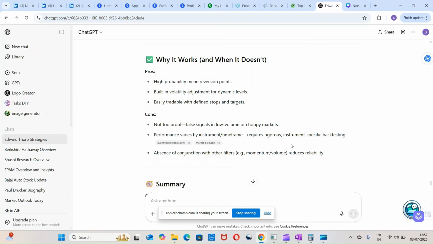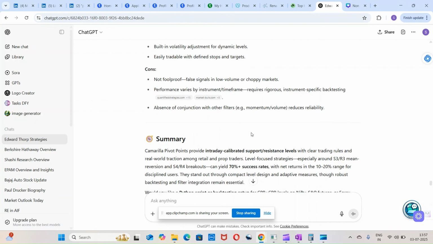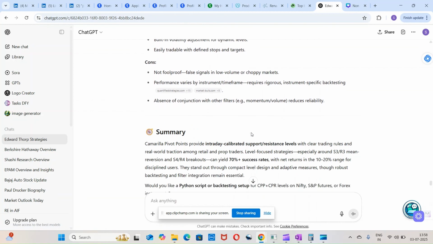Performance varies by instrument and time frame, so rigorous backtesting needs to be done on the specific instrument and time frame that you're testing. But these lines are fixed across time frames, and it's a leading indicator, which is a good thing.